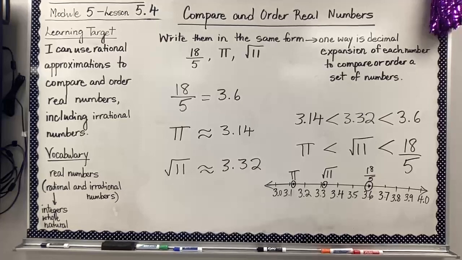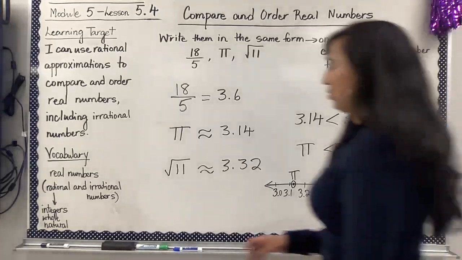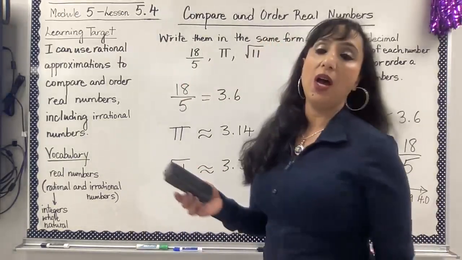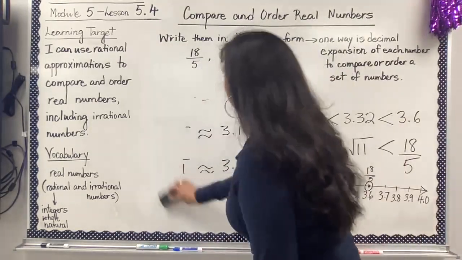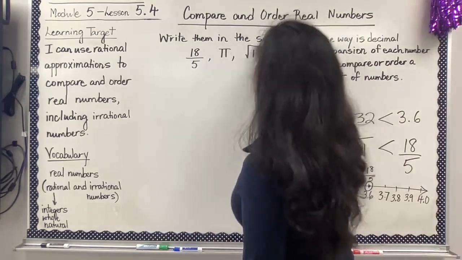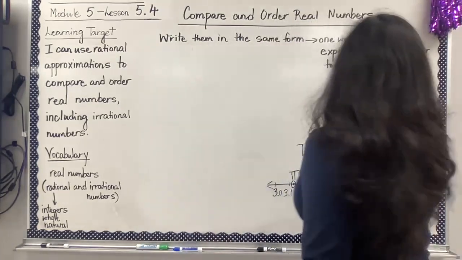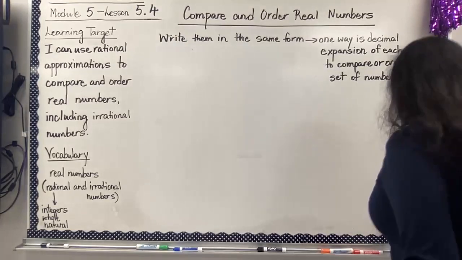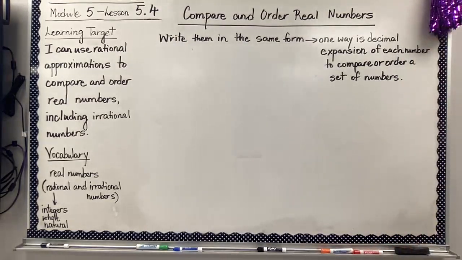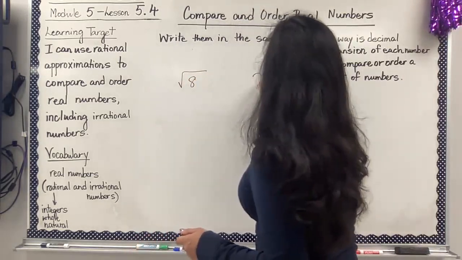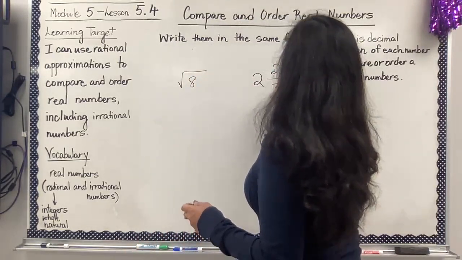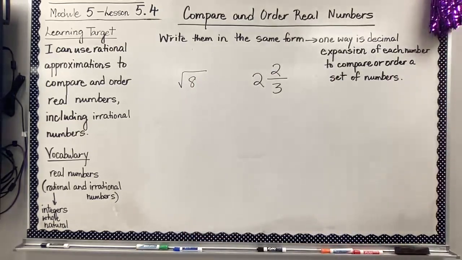So let's go ahead and try to compare some numbers now to see which one is greater, which is smaller. All right, so if I give you square root of 8, and I give you 2 and 2/3, and we have to decide which one is greater, and then we are going to graph the numbers on a number line.